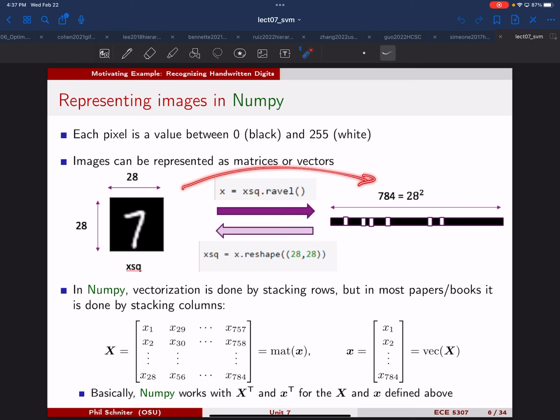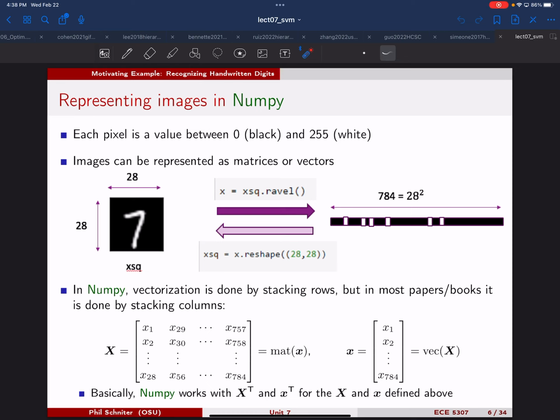I think it should have been called unravel because it's like you're making this thing into a long string. If you want to go the other way, you can use reshape. This way it's very clear: no matter what size this is, just turn it into a vector. But when you're coming back the other way, you have to tell it exactly what size of matrix you want it to be turned into.